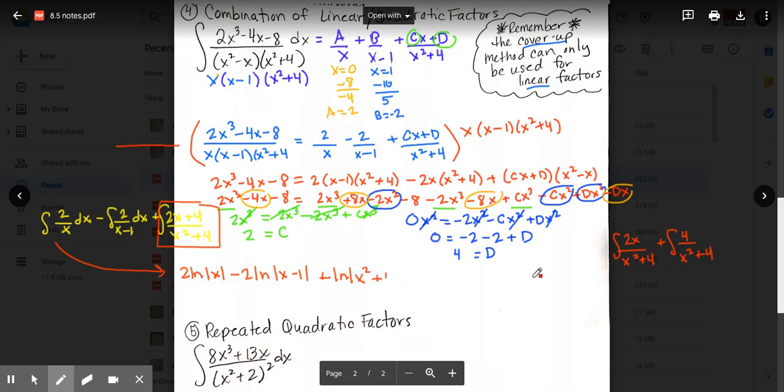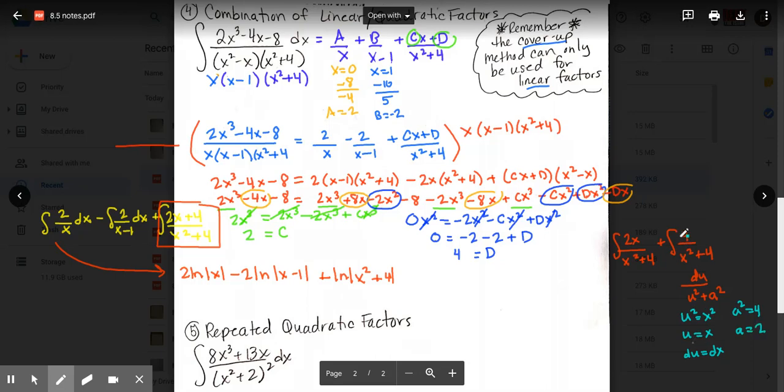I don't know why this is so slow. And then this one here is arctangent. Okay, that's du over u squared plus a squared. So your u squared is x squared, your u is x, your a squared is 4, and your a is 2.